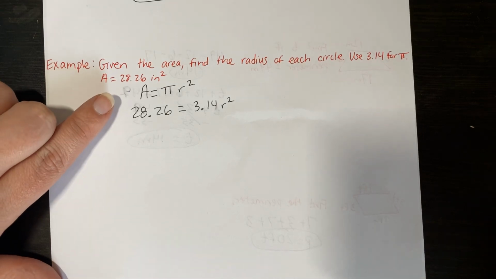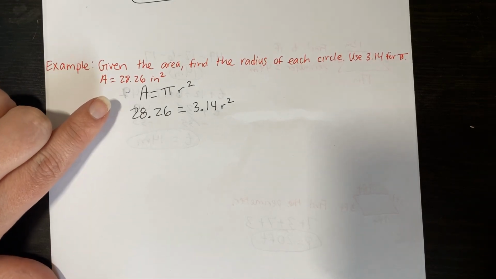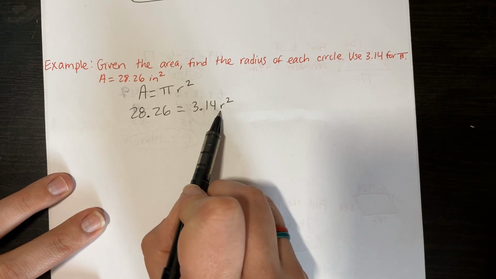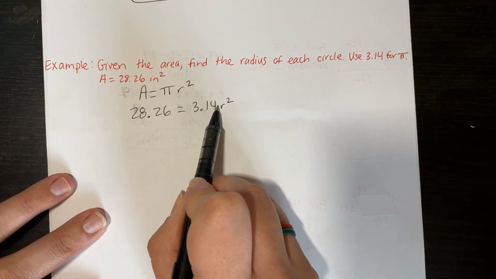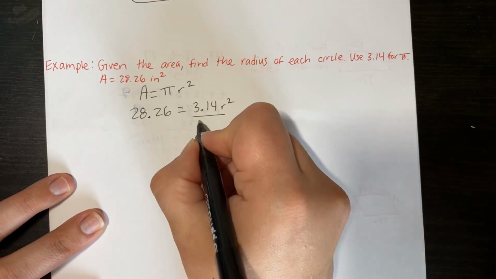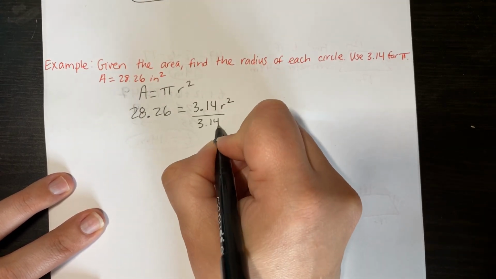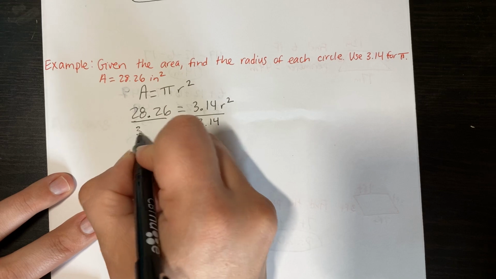And now we're going to solve for r. We need to get r by itself, r squared, so we are going to get rid of a multiply by 3.14. So we're going to divide by 3.14 on both sides.